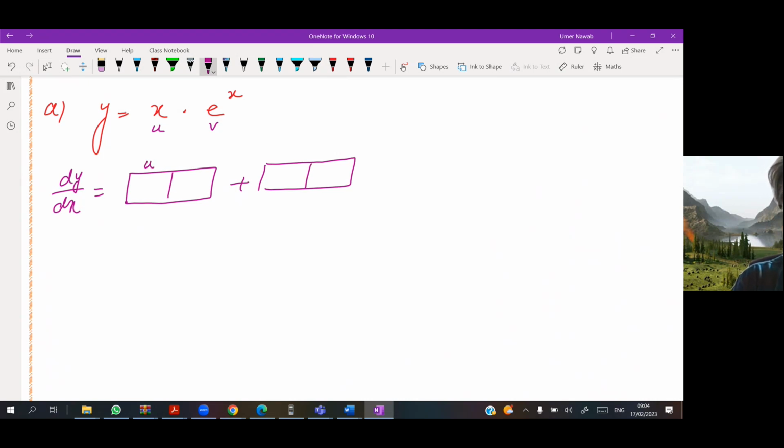Here is u, this is v prime, v, u prime. So can I copy u as it is? x. What's the derivative of v, e to the x? Same answer. What is v? e raised to power x. What's the derivative of x? It is 1. My final answer is x e to the x plus e to the x. That's all with it.